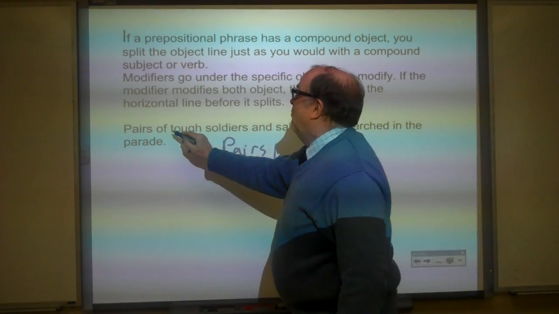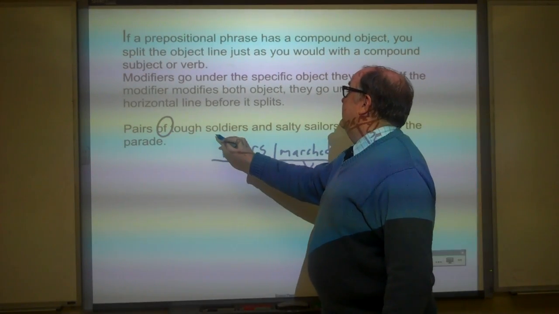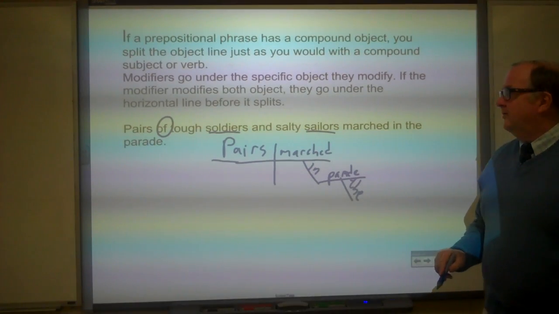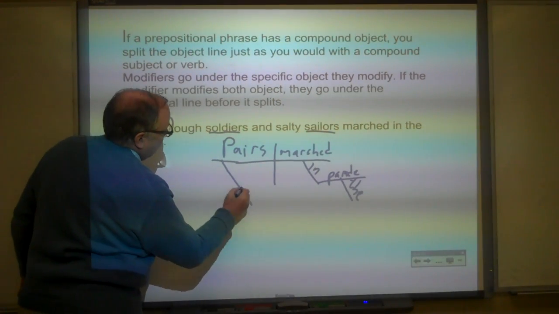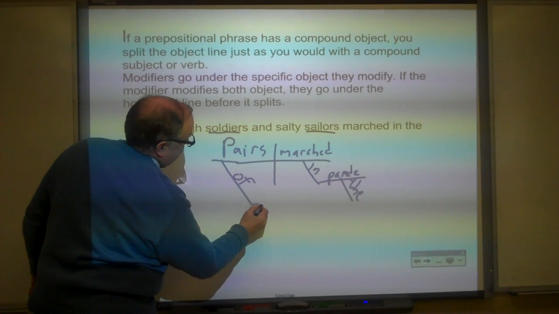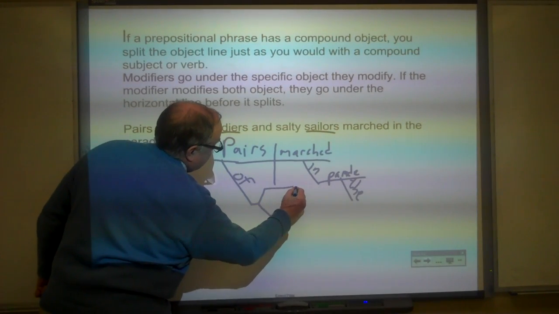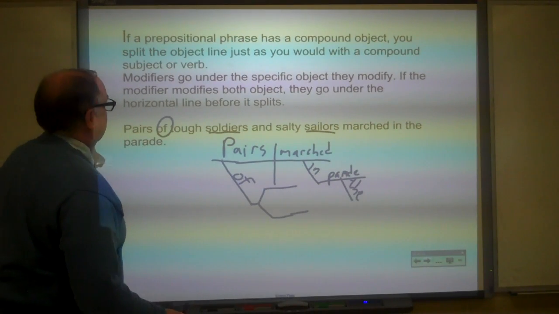We have one preposition and a compound object, soldiers and sailors. So, pairs of, and then we split the line, just as we would with any kind of compound.